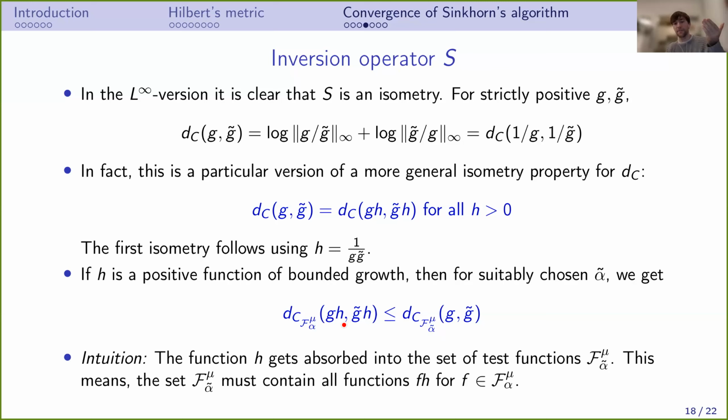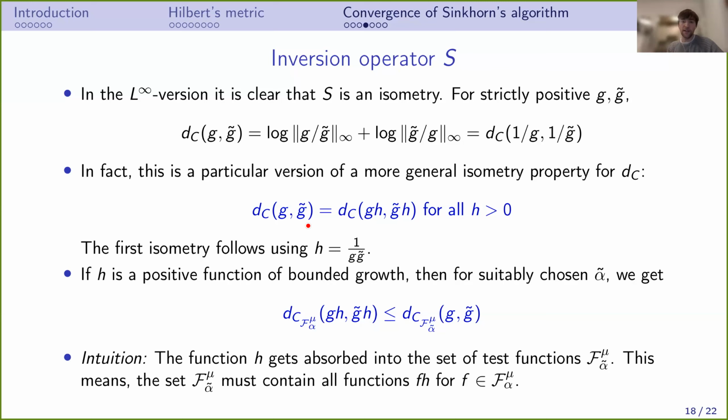And the intuition is basically that this function h needs to be absorbed into this new set of test functions. So this new set of test functions on the left-hand side must contain all functions f times h, where f is a test function on the left-hand side. So simply, this function h is absorbed into the set of test functions.